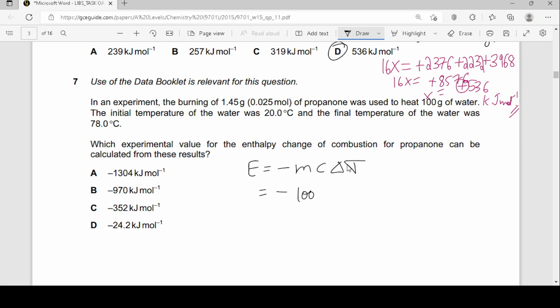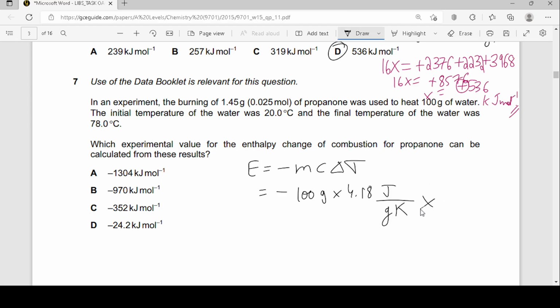Okay, there it is. So 100 grams times 4.18 joules per kilogram per Kelvin. Actually no, I'm going to take it as 4.18 joules per gram per Kelvin. Sorry about that, my mistake.